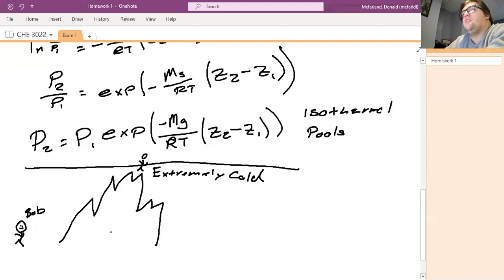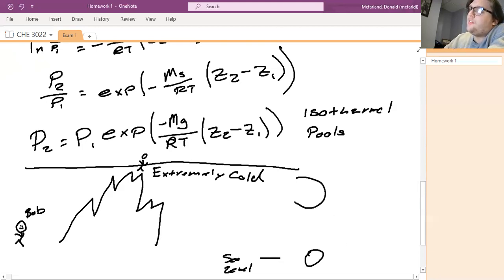Well, that's because going up in the atmosphere is not an isothermal process, it's an adiabatic one. Say we're down here at sea level, which is altitude 0, and the pocket of gas goes all the way up here. Notice it expands.